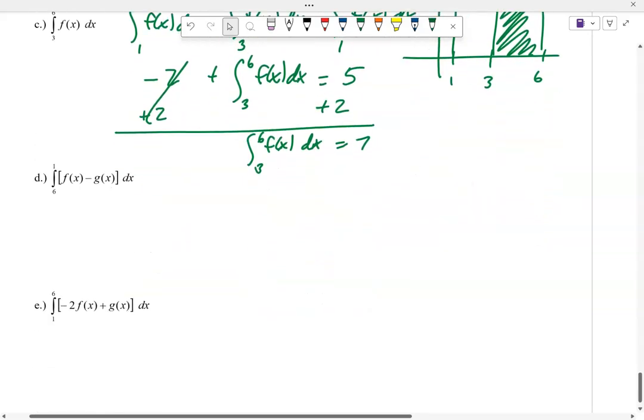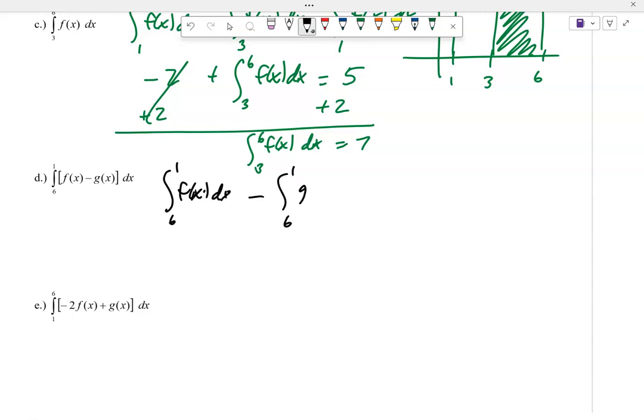Okay. This one down here, I've got the integral from 6 to 1 of f of x minus g of x. So I got 6 to 1 of f of x minus 6 to 1 of g of x. Now I don't want 6 to 1. I want that to be 1 to 6. So I'm going to put a negative out front, make that a 1 to 6, because I know what 1 to 6 is.